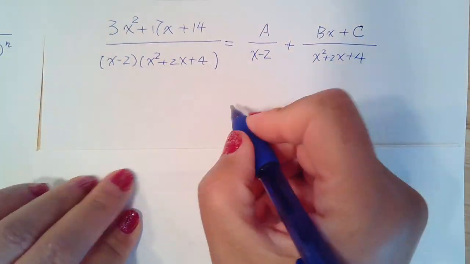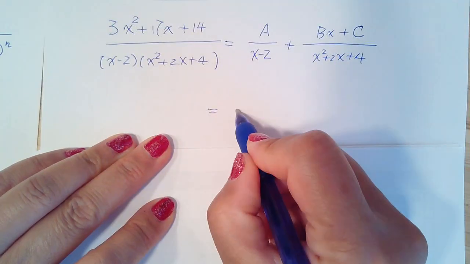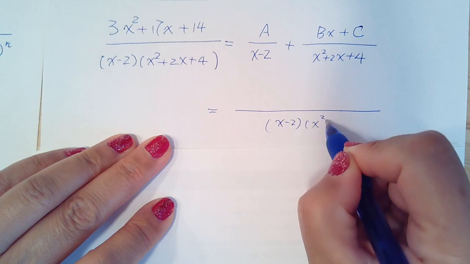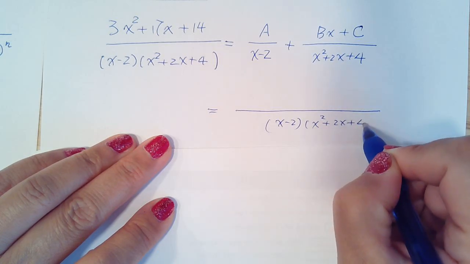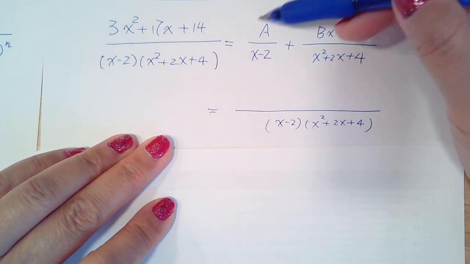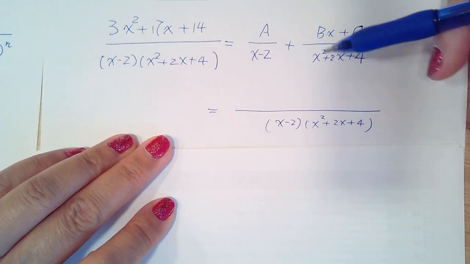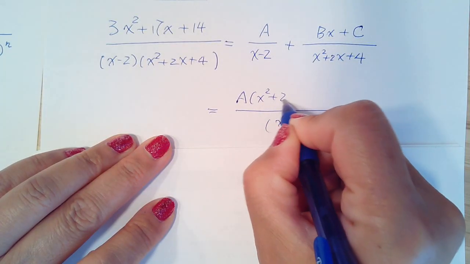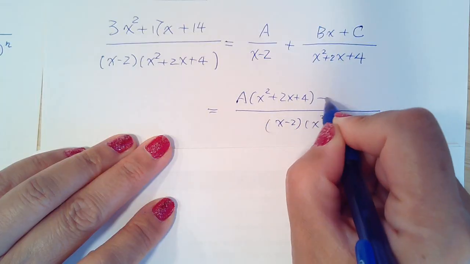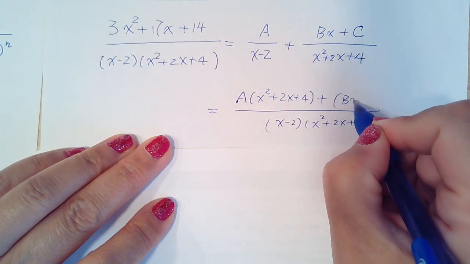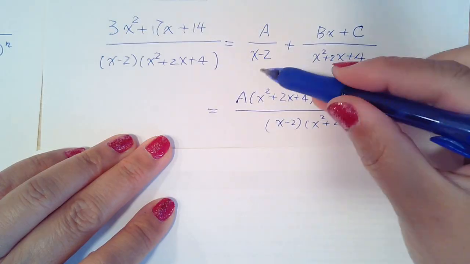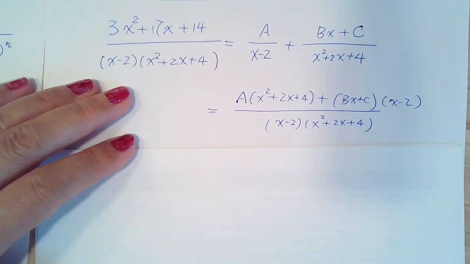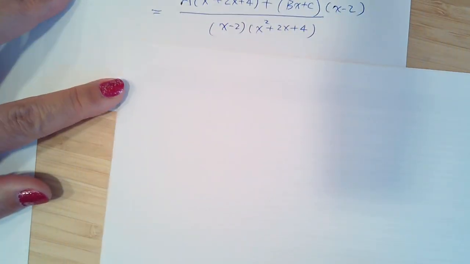So let's do that. I work with the common denominator, x minus 2 times x squared plus 2x plus 4. The numerator of the first term becomes A multiplied by x squared plus 2x plus 4. And then the second term is bx plus c multiplied by x minus 2.